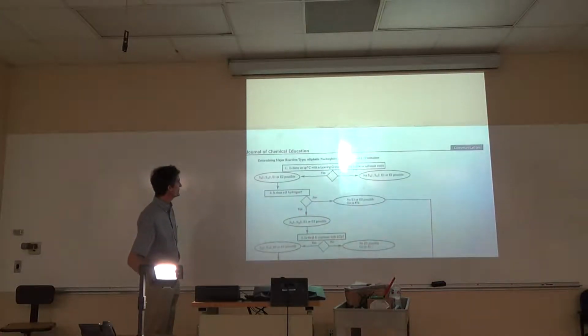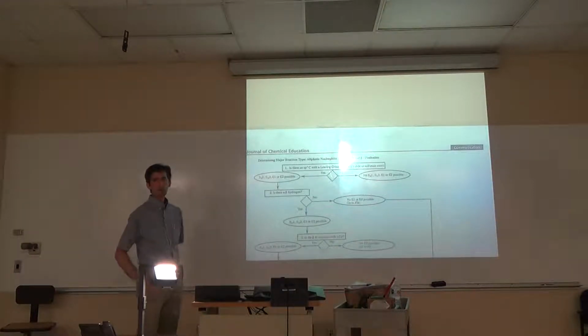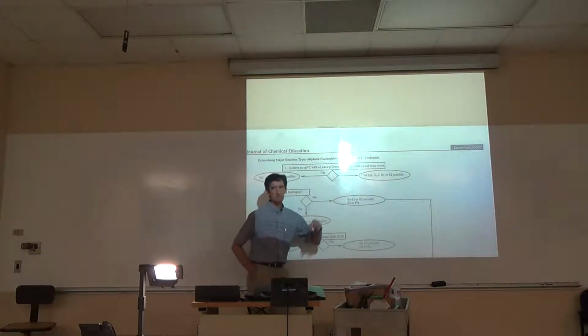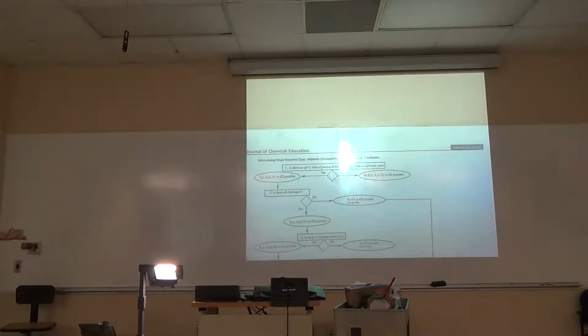Determining major reaction type: substitution and beta elimination. That's what type of questions we need to ask. Is there an sp3 carbon with a leaving group? A tetrahedral carbon with a leaving group. Because if you don't have a tetrahedral carbon with a leaving group, you're not doing SN1, SN2, E1, E2.